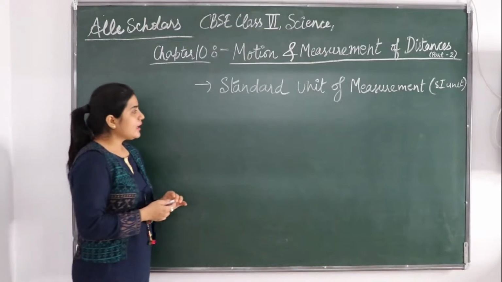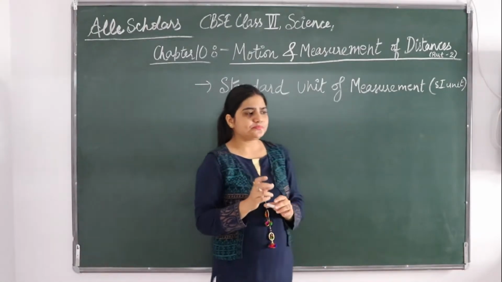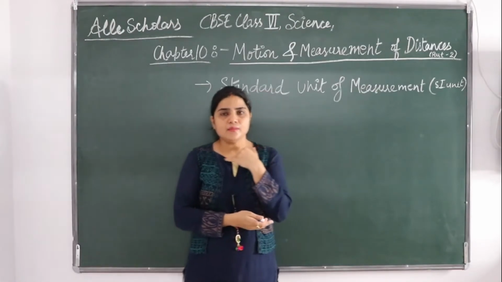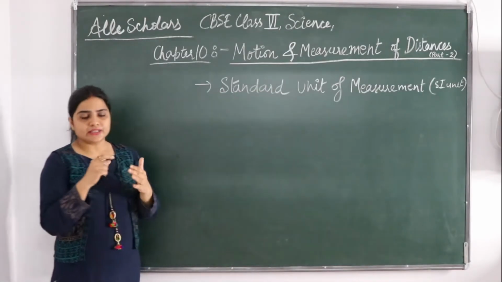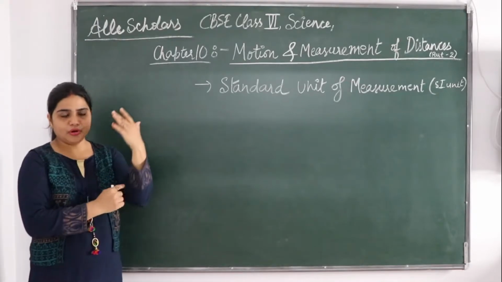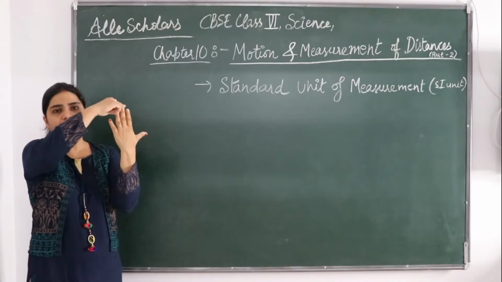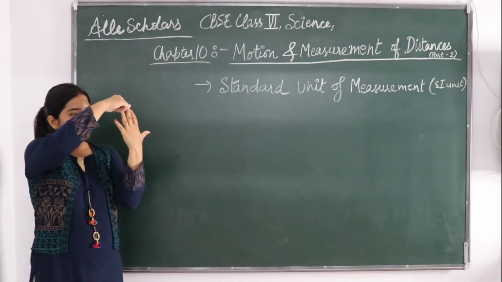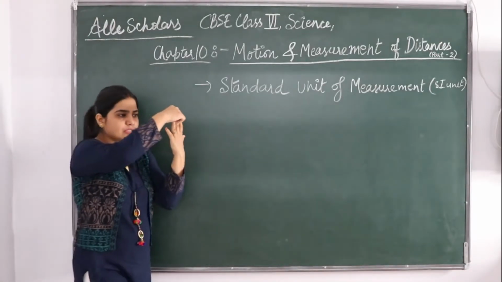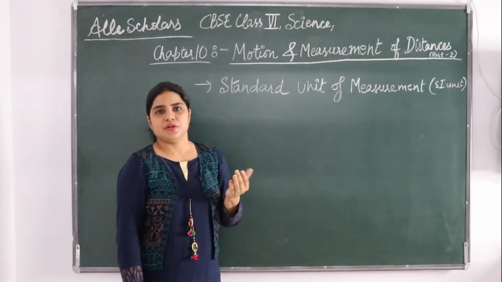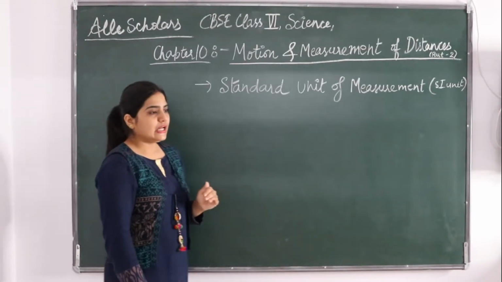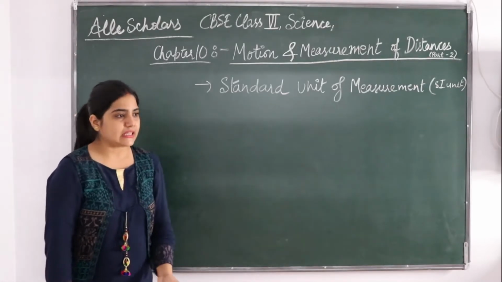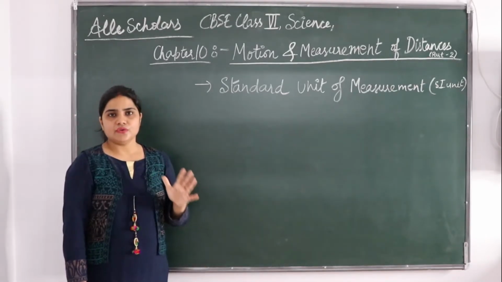A cubit is the length from the elbow to the fingertip. A cubit, the length from elbow to a fingertip, was used in ancient Egypt, and was accepted as the unit of length in other parts of the world also.